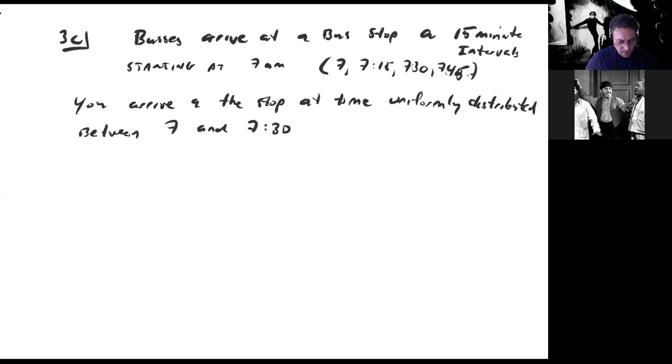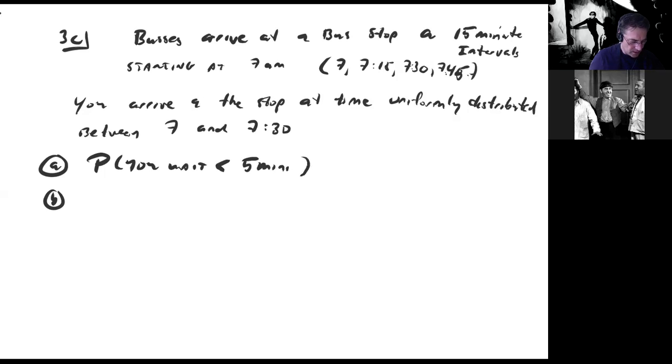Okay, and then what we have to do is, the problem is saying find two things. Find the probability that you wait less than 5 minutes for the bus to arrive. And then find the probability that you wait more than 10 minutes.